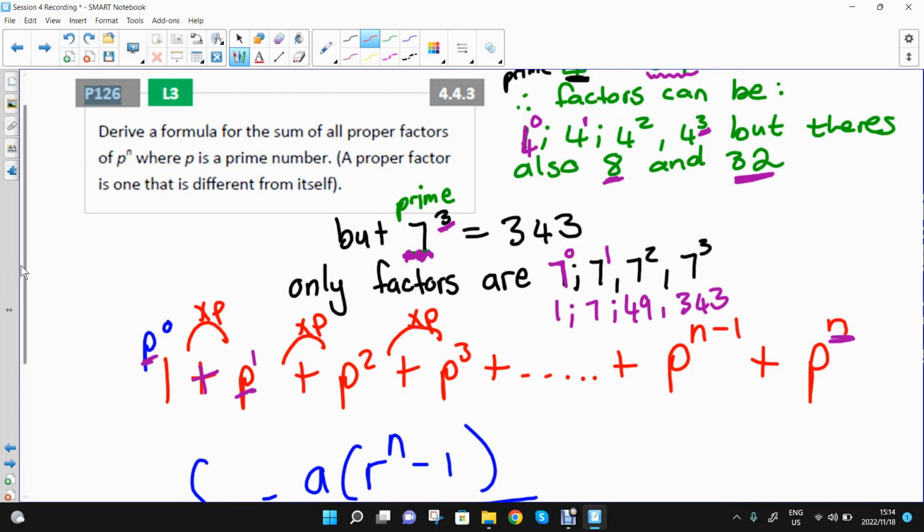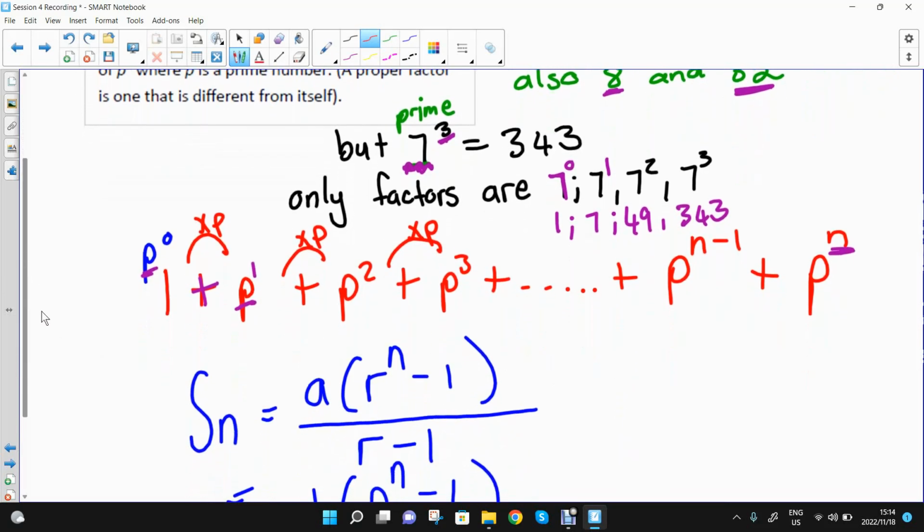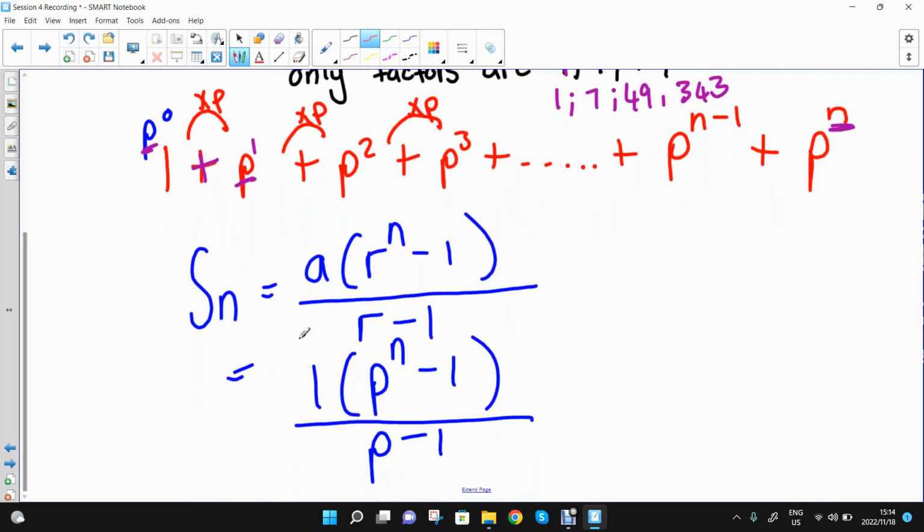So now I want the sum of a geometric series, and there you've got it. This is the formula that we've done earlier. A is your first term, and in this case A is going to be 1. Your ratio is what you are multiplying by every time, and in this case that is P. Once you substitute that into the formula, you've got your answer, the sum of this geometric series.